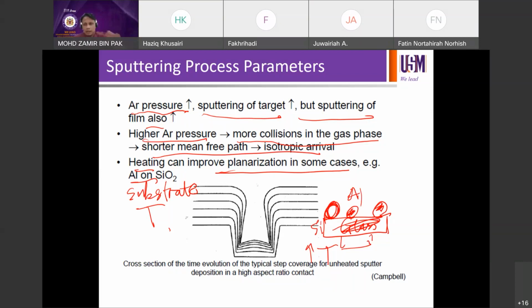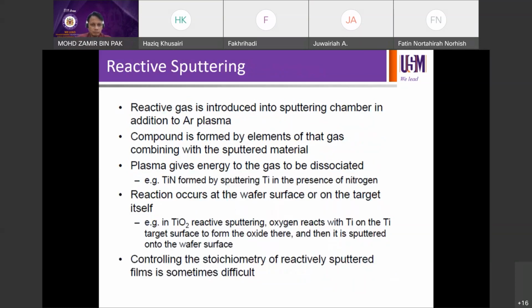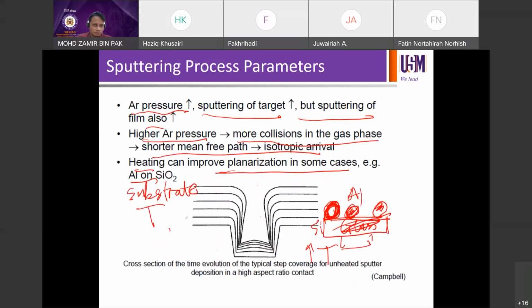Okay, dia masih boleh bergerak upon arrival because the substrate is heated. On the other hand, if you don't apply any heat, then they just arrive and that's it. They just landed there and are not moving. I think I'll just stop here. So those are called basic sputtering process.